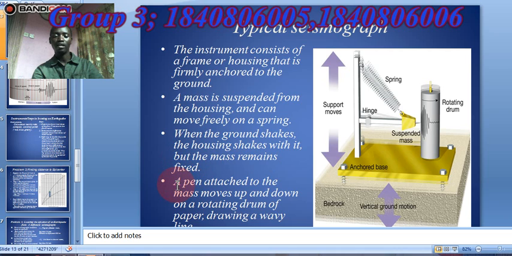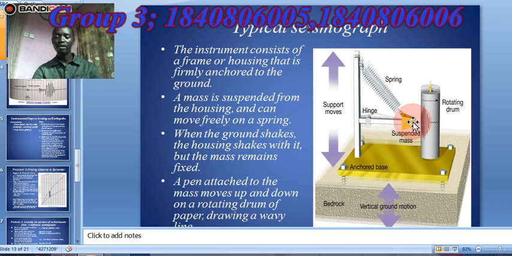inertia. A pen is attached to the mass, we can see that this is just a pen that is writing on top of this rotating drum. It's just a pen that is attached to the pendulum mass.